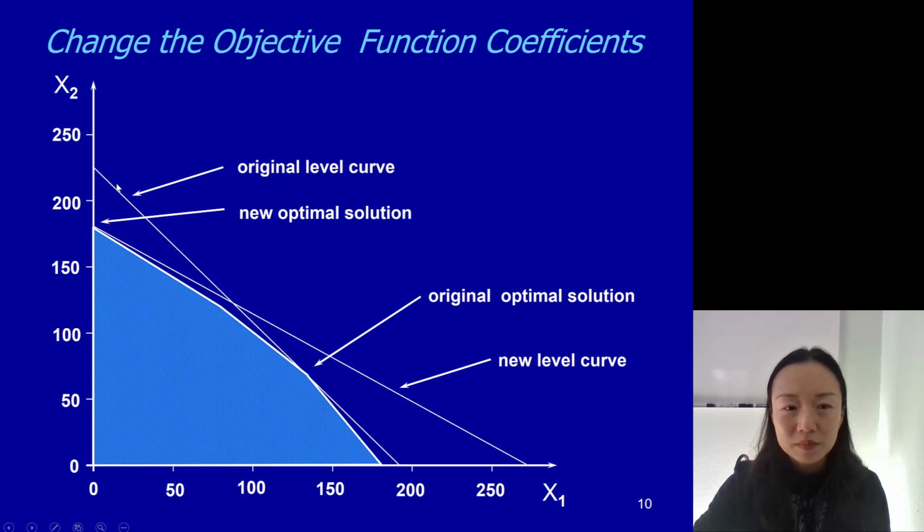For example, using this graphical solution, if we have the original level curve like this, so this line here, the original optimal solution would be at this point. That gives you the largest intercept on the vertical axis. But if we change the level curve to this slope here, if the slope changes, the new level curve will be drawn like this.